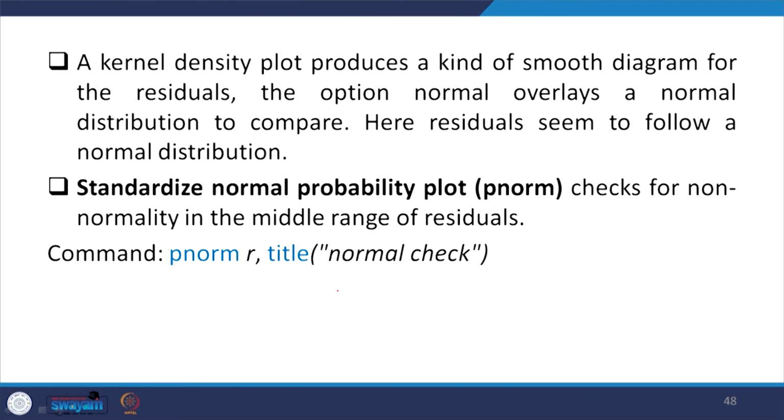What is important to note here is that the standardized normal probability plot, that is P norm, checks for non-normality in the middle range of the residuals. So, for that you simply go by the command P norm R, and if you add a title like this, we can explain it correctly.